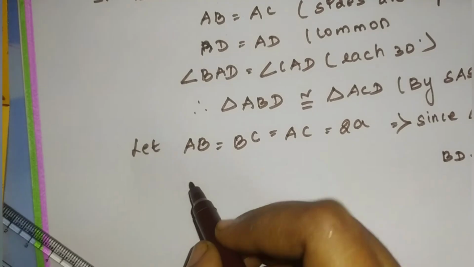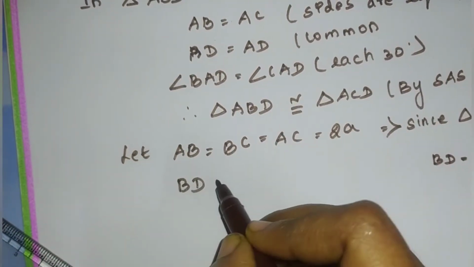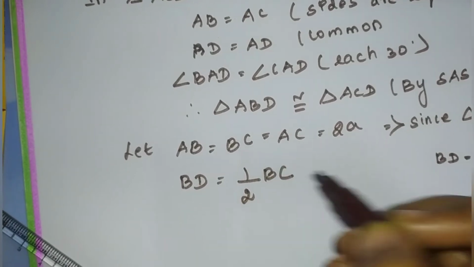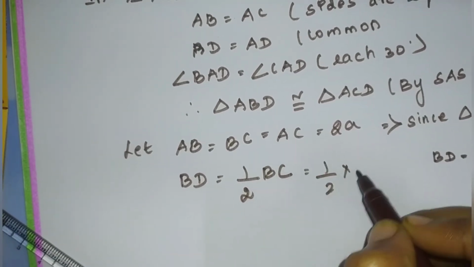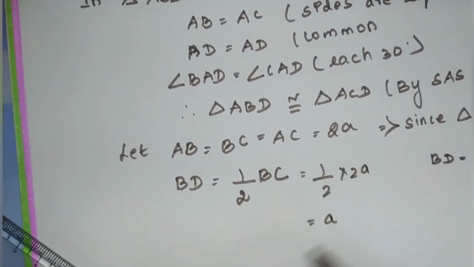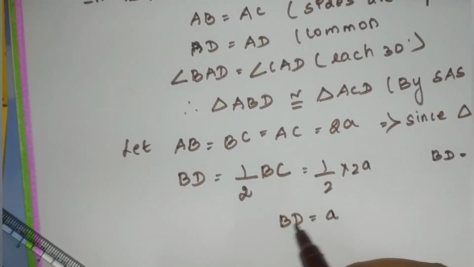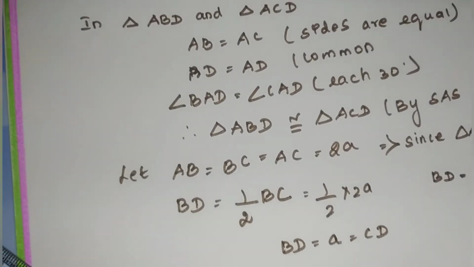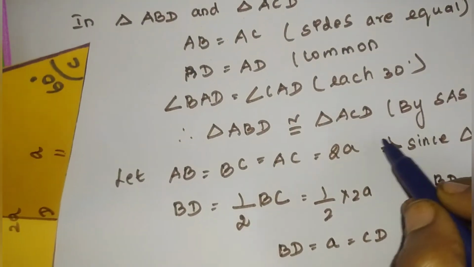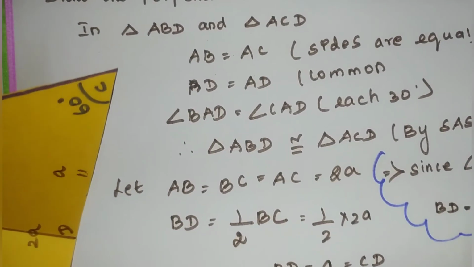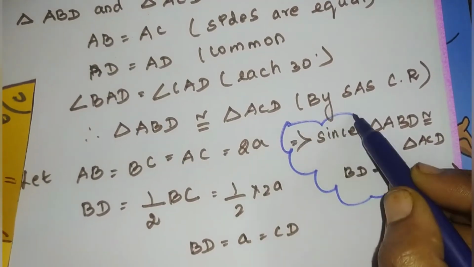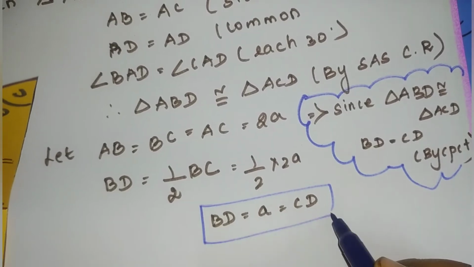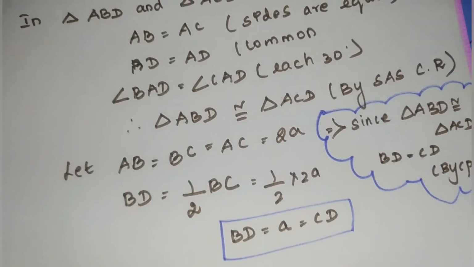So BD is equal to half of BC. Half into 2a is equal to a. So BD is equal to a and CD is also a. Clear?